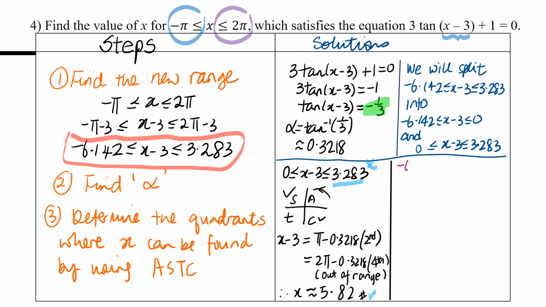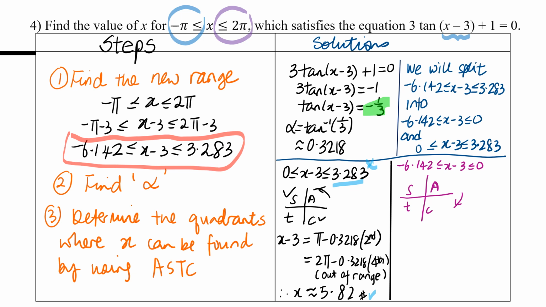So how about angle in the clockwise direction? That will be between negative 6.142 and 0. So in this case, the diagram that you draw will be different. If your angle is measured in a clockwise direction, then this one becomes your first quadrant.